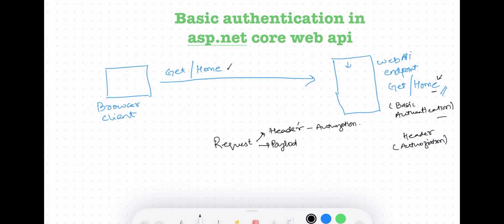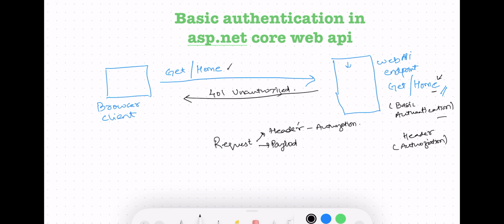Now this get request that we have done here does not contain any header. So the server will see that it does not contain any header, and it will send back a response of 401, which means an unauthorized request is being done.